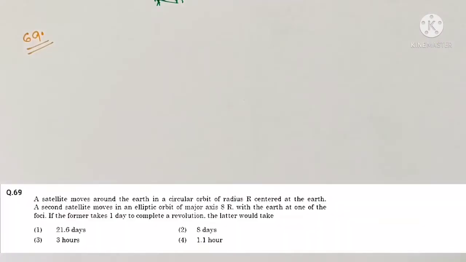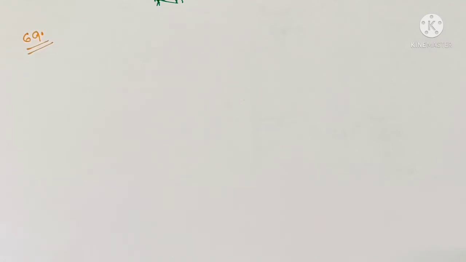Question number 69. A satellite moves around the Earth in a circular orbit of radius r, centered at the Earth. A second satellite moves in an elliptic orbit of major axis 8r, with the Earth at one of the foci. If the former takes 1 day to complete a revolution, the latter would take.